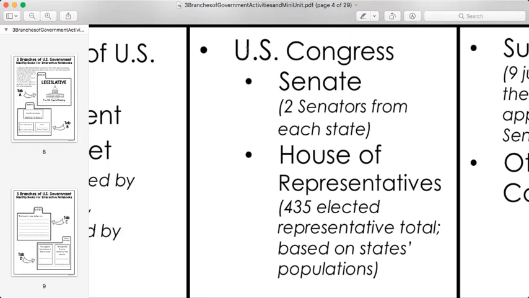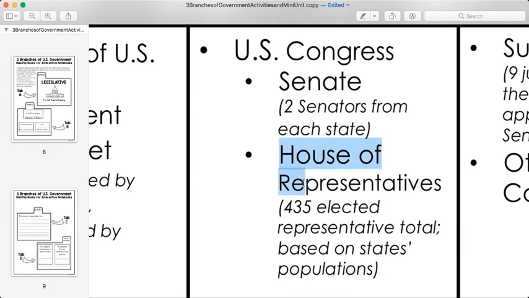According to how big your state is, the number of representatives is decided. If you have more people in your state population-wise, that means there's going to be more people representing your state in the House of Representatives. So the Senate protects the rights of smaller states that don't have as many people in the House of Representatives because of their population.